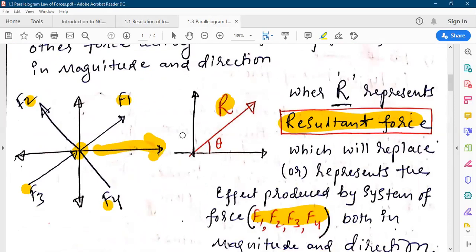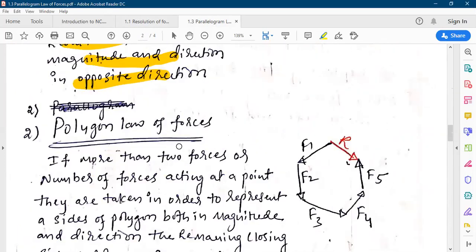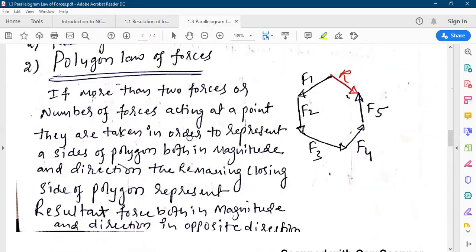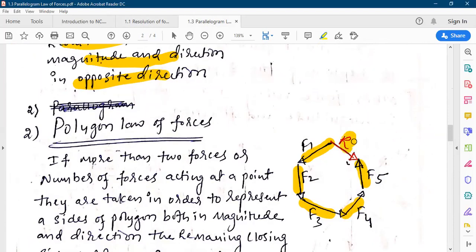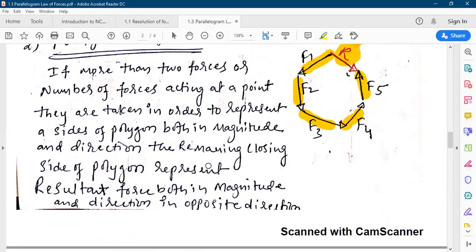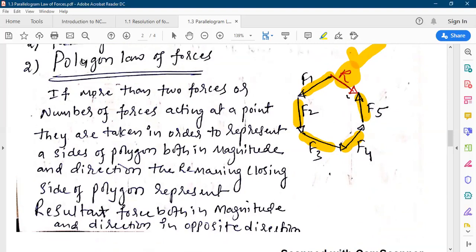If these forces can be represented as sides of a polygon, the remaining closing side represents the resultant force both in magnitude and direction. So this is what the polygon law of forces says.